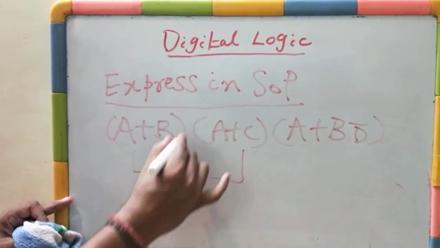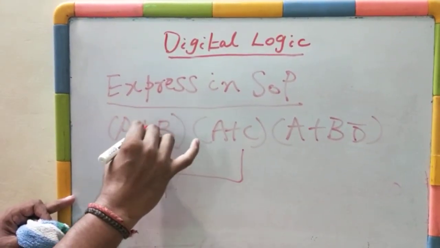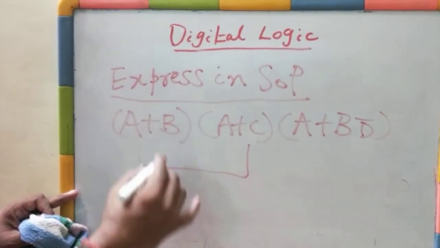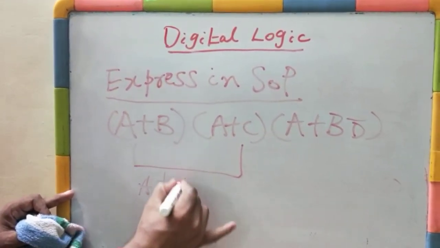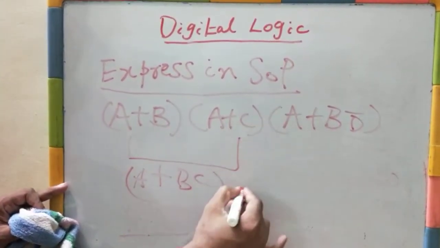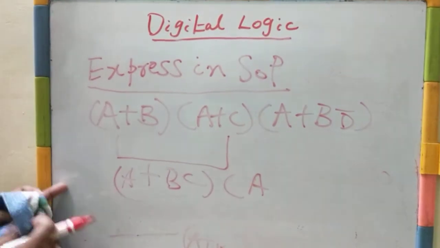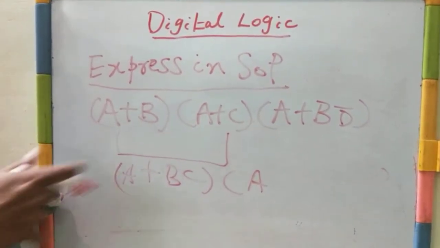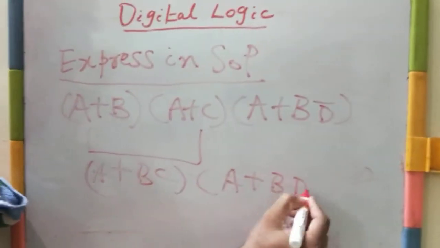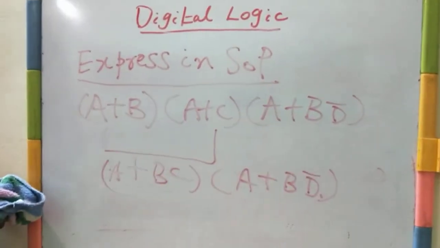What is the operator which connects both the expressions? Dot. So this expression becomes A plus BC. Then this term is retained as it is, A plus BD dash, right?